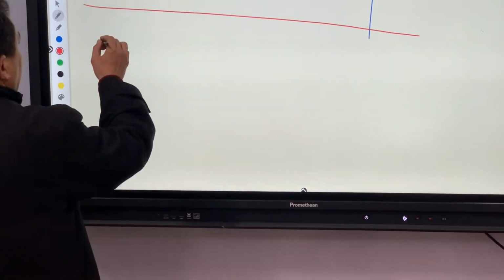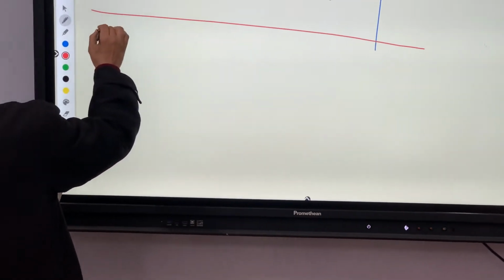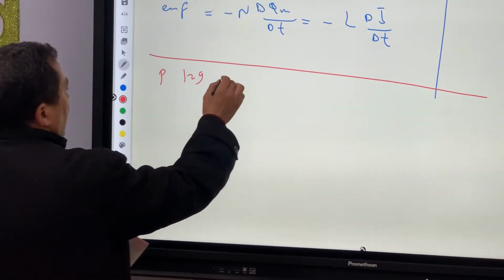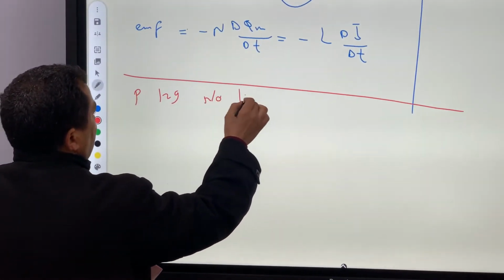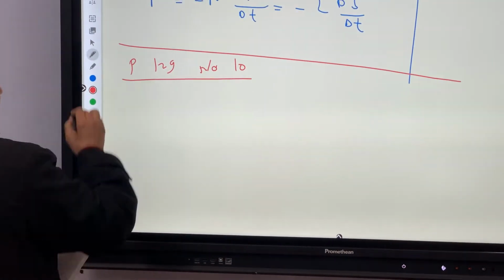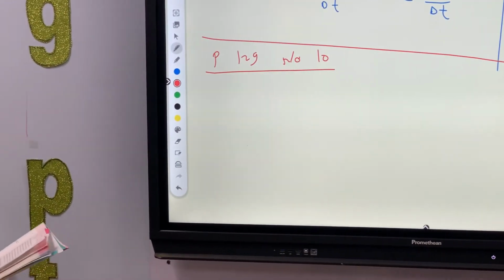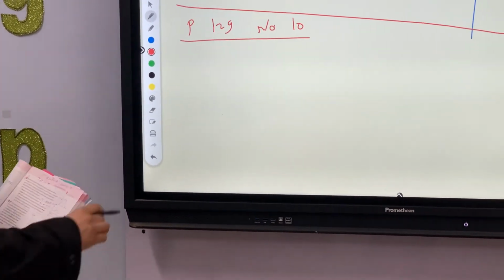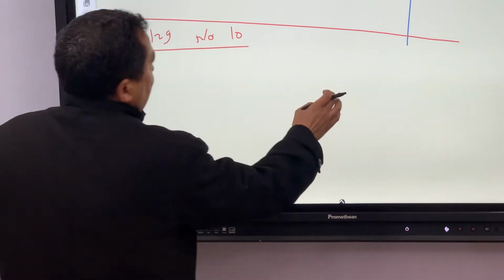We have a problem, page 129, number 10. This problem contains a good idea. Good ideas, you must study this idea.